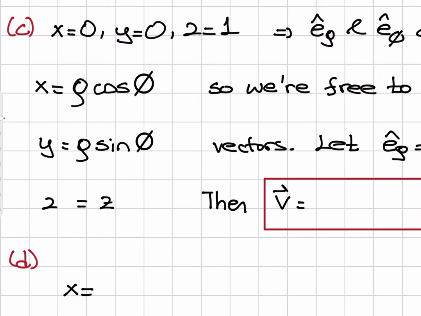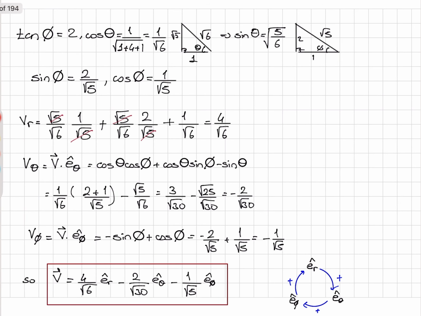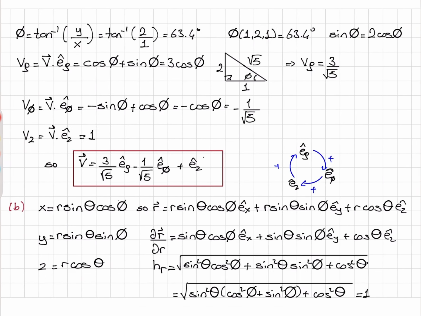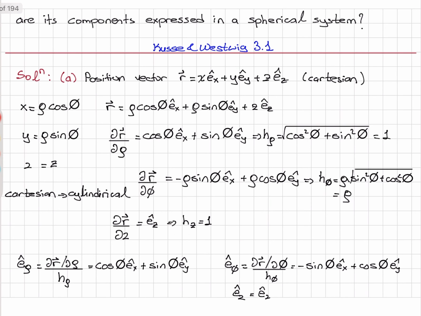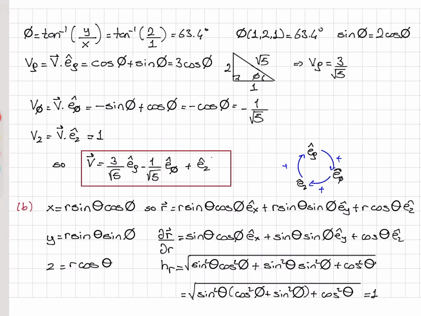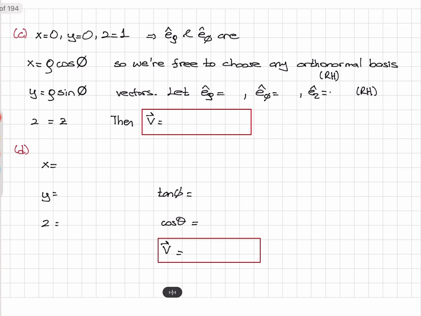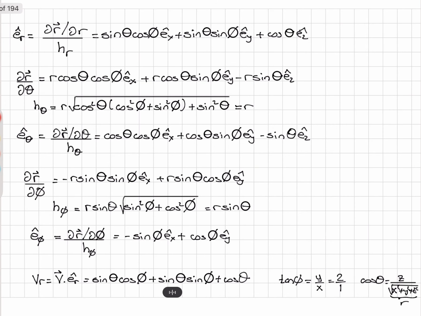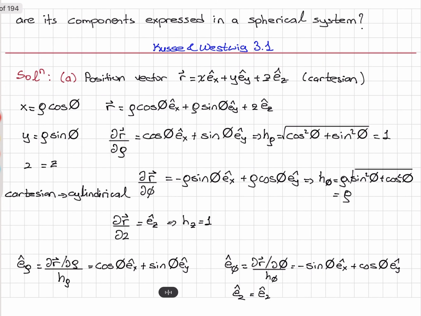Now you can see that when I look at my e rho hat and e phi hat in part A, e rho hat is cosine phi ex hat plus sine phi ey hat. And tangent phi, according to this coordinate transformation, is 0 over 0, which means the angle phi is undefined. Therefore, this vector e rho hat is undefined.